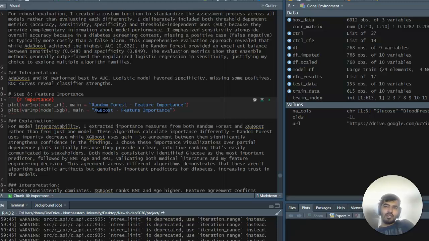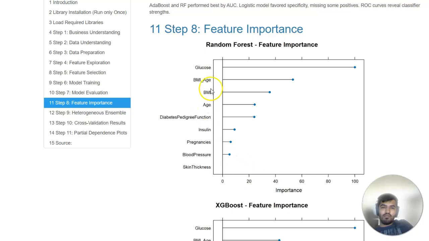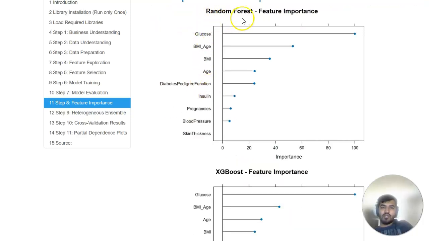Both models consistently identified glucose as the most important predictor, followed by BMI and age, validating both medical literature and my feature engineering decisions.